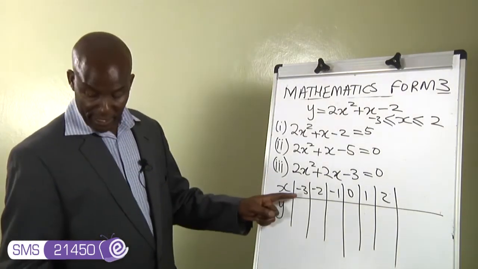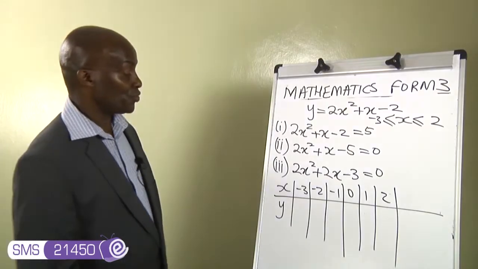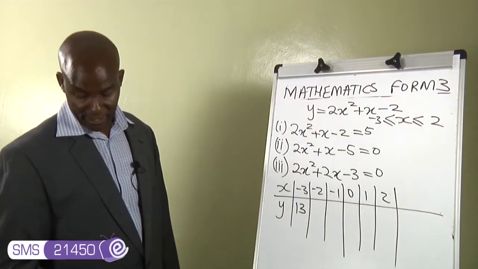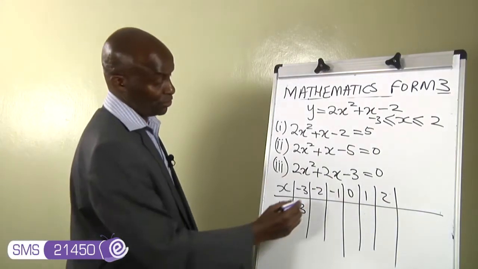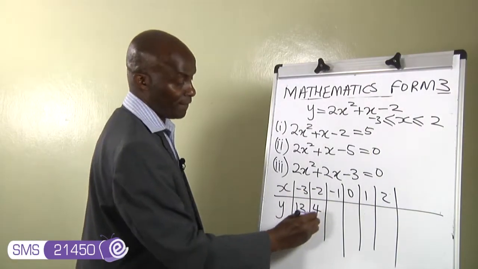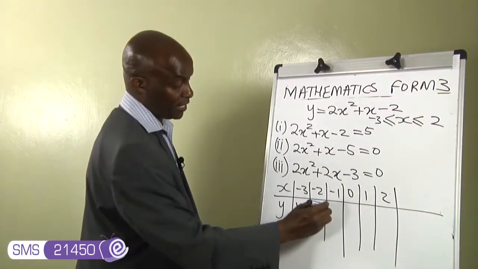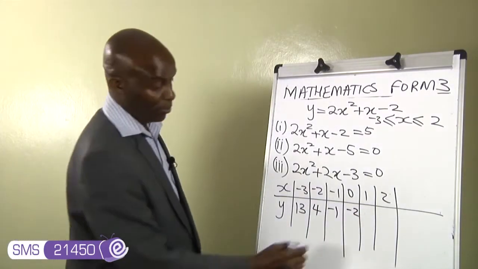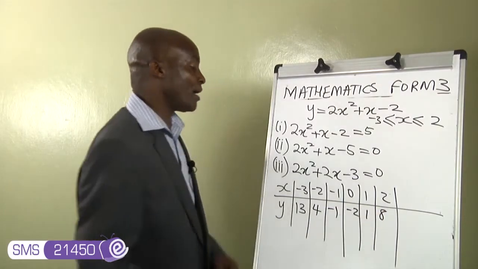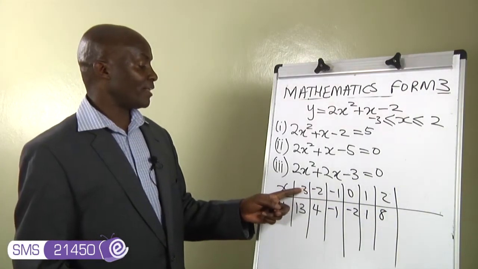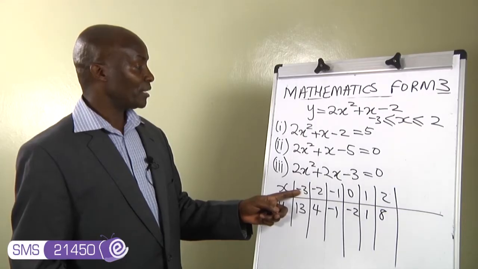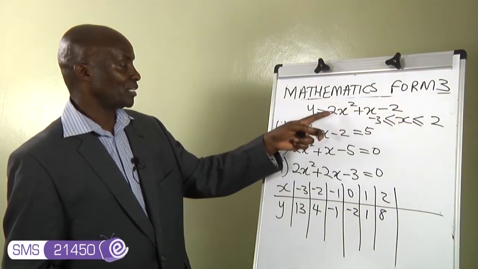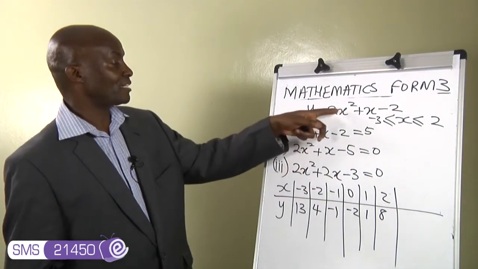When x is equal to -3, you should get the value of y is 13. When x is equal to -2, you should get y is 4, then -1, -2, 1, and 8. Remember how we do this? You simply enter the value of x you want in the equation on your calculator. So you will say 2 times -3 squared.